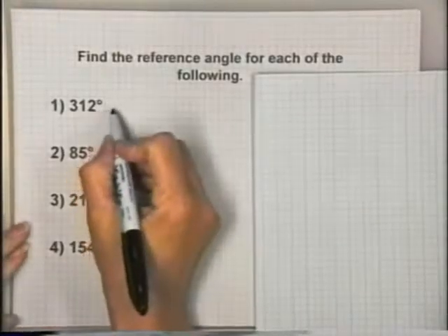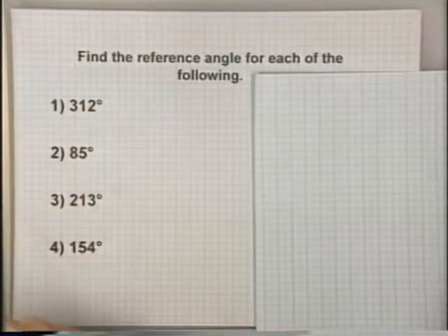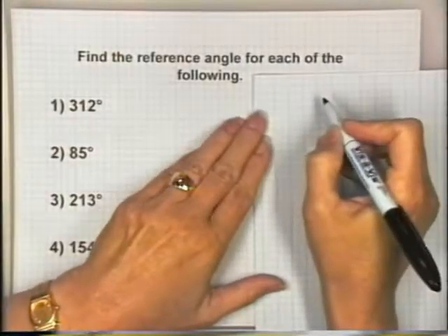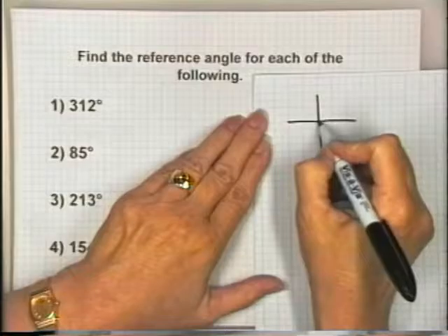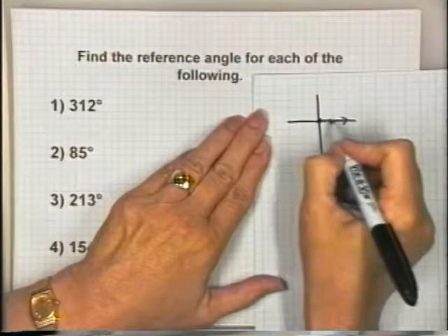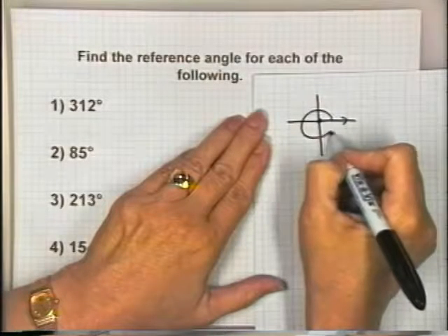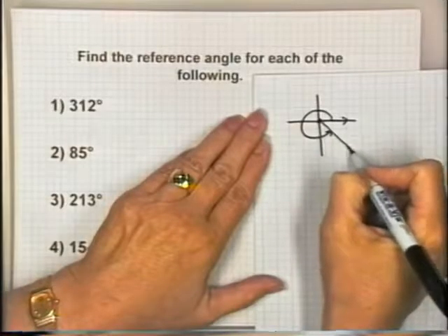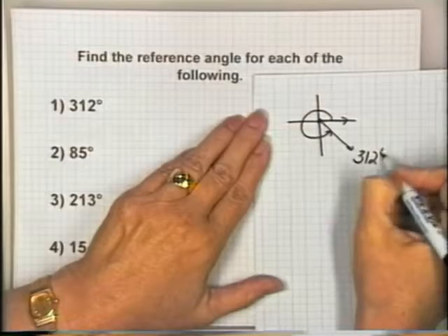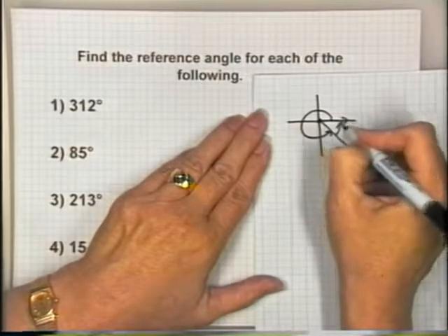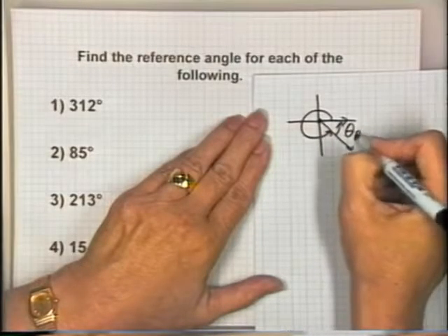Well, number 1 is 312 degrees. Now, you may want to draw a little sketch here. 312 is a fourth quadrant angle. So we know that that measures 312 degrees. This is our reference angle.